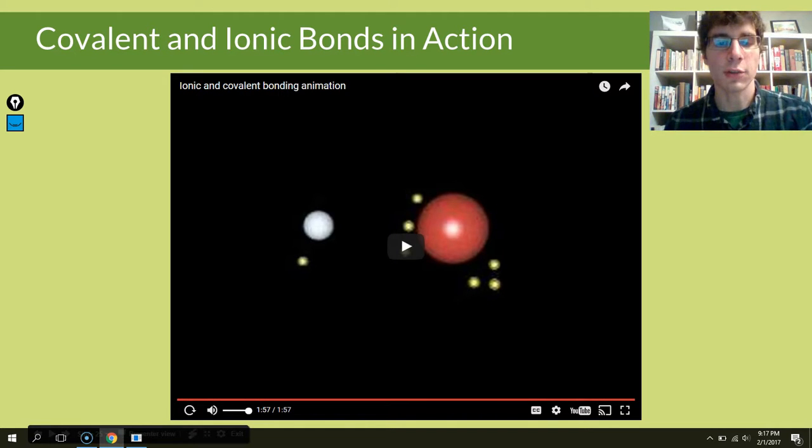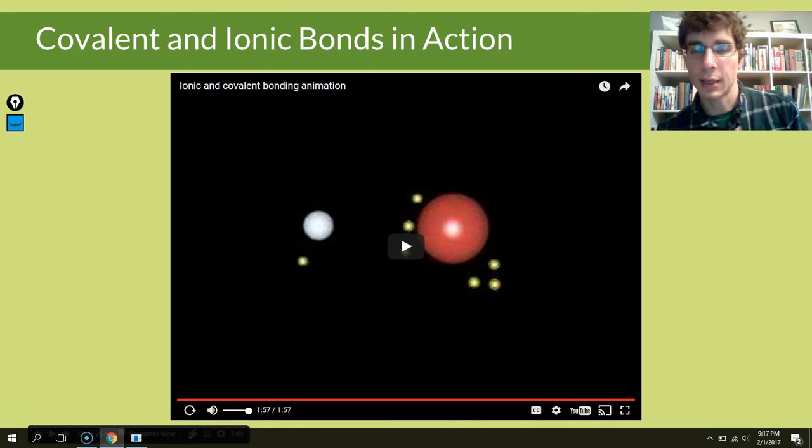Okay, so that just showed you the difference between ionic and covalent bonding. We said earlier that covalent bonding happens when atoms are sharing electrons, as happened in water, and you could see the electron flying from the oxygen atom over to the hydrogen one and back and forth, and they're interchanging, and that's what a covalent bond is.